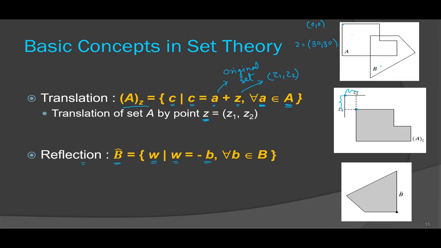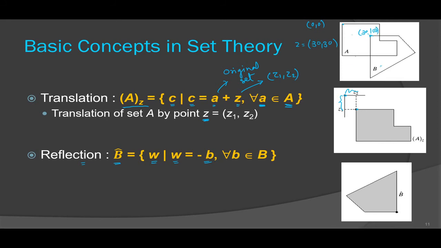What does this mean? Suppose this is a point, and suppose the coordinates for this point are 30, 100.